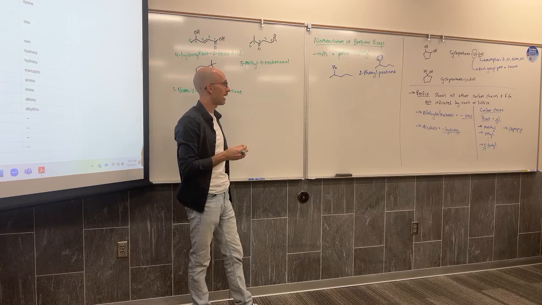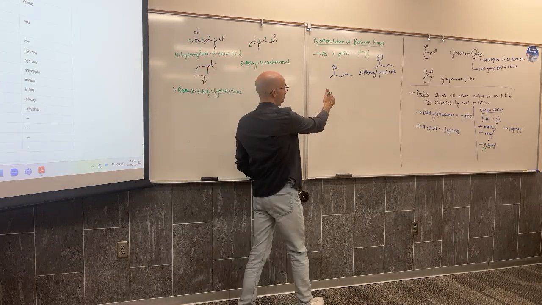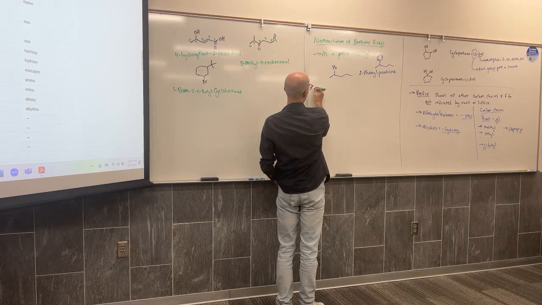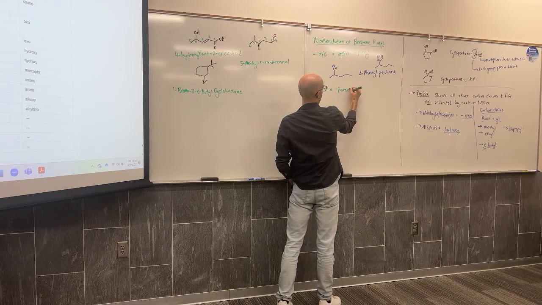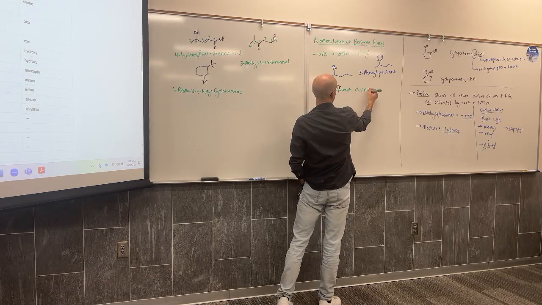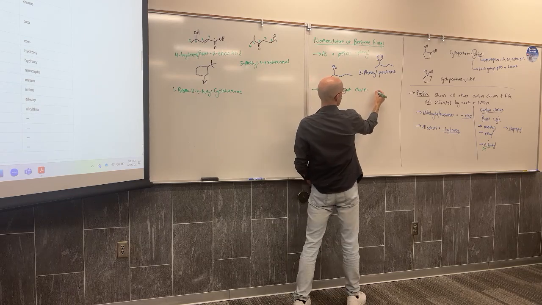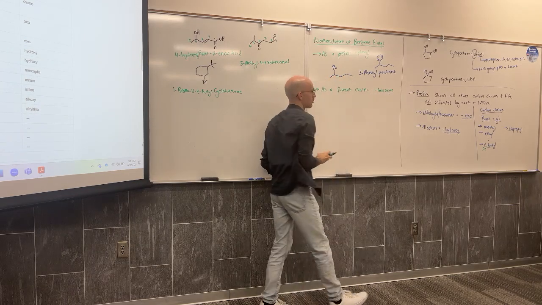Now let's say that you have a relatively small carbon chain coming off of your aromatic ring. That can make the benzene ring a parent chain. And most of them just end with benzene.